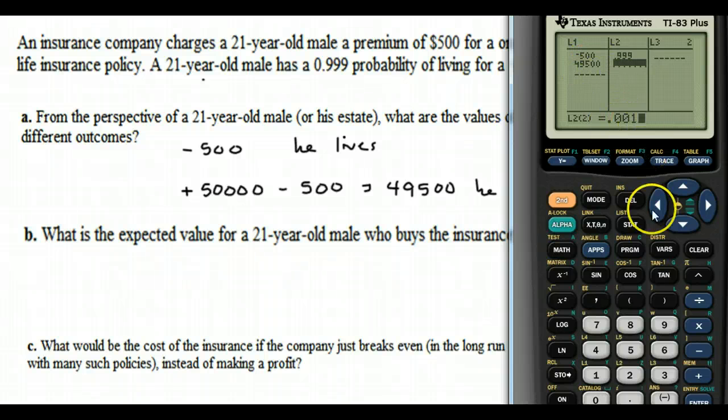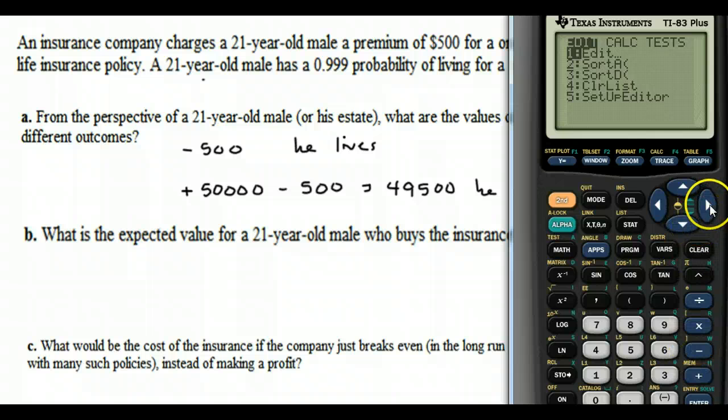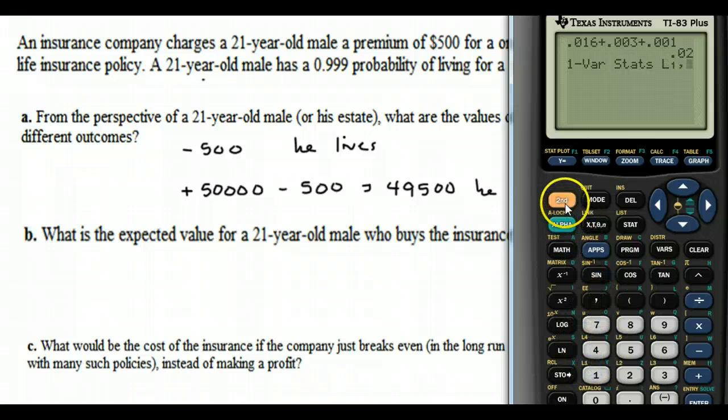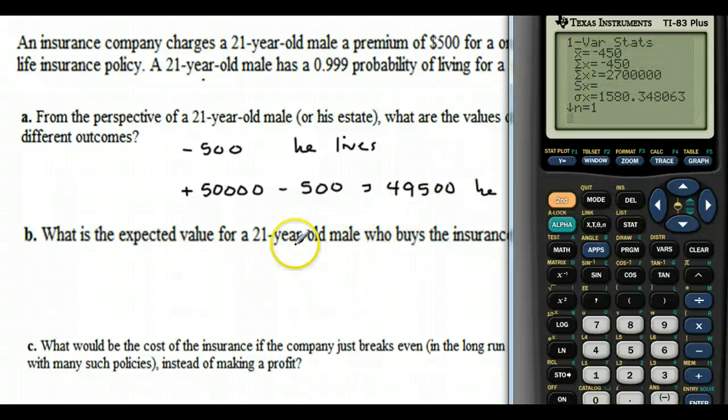There's a 0.001 or 0.1% chance of that happening. And then if we use our calculator to do one of our stats, L1, L2, there's only two things, so this would be easy to just multiply out by hand. But anyway, we get an expected value of negative $450.